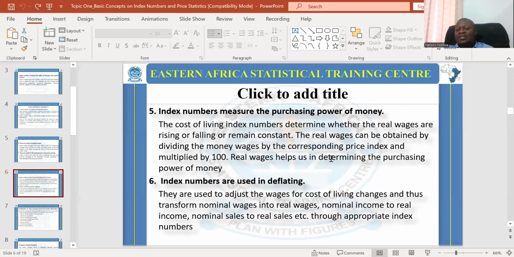So it means you can adjust the value of the wages to account for some inflation, or transform from the nominal wage into a real wage that accounts for the inflation in that particular country or region by using the index number appropriately.